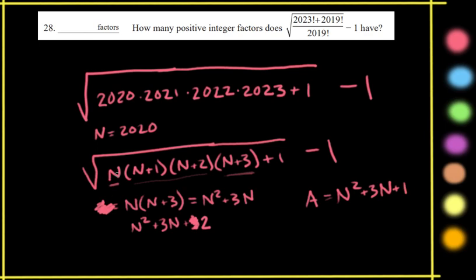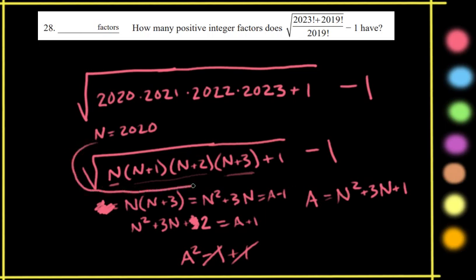So this product, this one and this one, is equal to a minus 1. And then this one is equal to a plus 1. And if I multiply those two together, I get a squared minus 1. And then we're going to add 1 for this one. Basically, those are going to cancel out, and I'm going to have the square root of a squared, which is just going to be a. So this whole thing is just going to be replaced by a here.